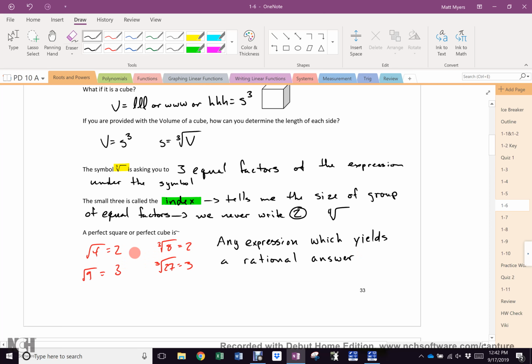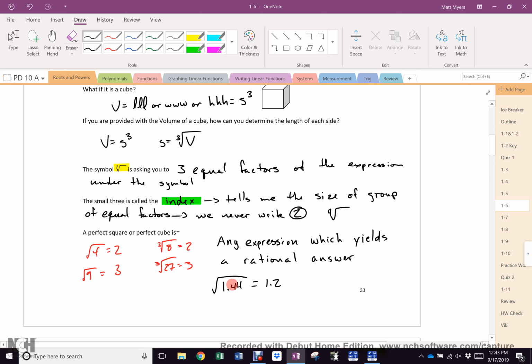But now you have to open your minds a little. For example, 1.44 has a square root. It is a perfect square. Its answer is 1.2. Because 1.2 is rational, this is a perfect square. Is everybody good?